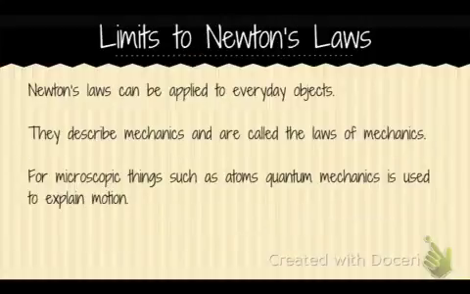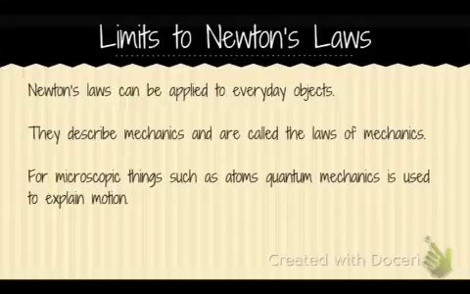All right, now, last thing before we finish up this concept: there are limits to Newton's laws. We apply Newton's laws to everyday objects, so objects on a larger scale. They describe the mechanics and are generally called the laws of mechanics because of this. For microscopic things such as atoms or molecules, quantum mechanics is actually used to explain the motion.